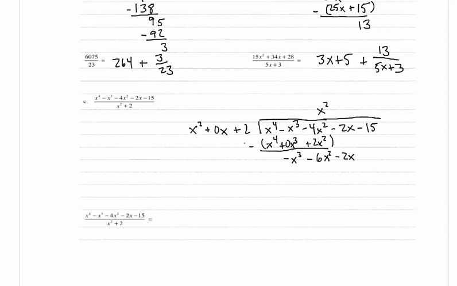And now x squared goes into negative x cubed, negative x times. So we have negative x times x squared is negative x cubed. Negative x times 0x is negative 0x squared. And negative x times 2 is negative 2x. And now we're going to subtract.